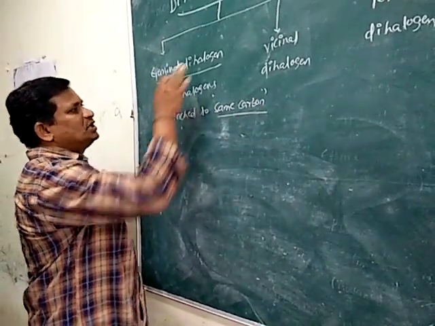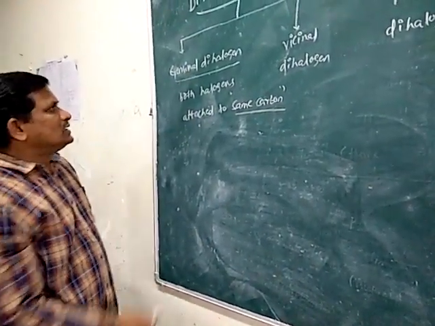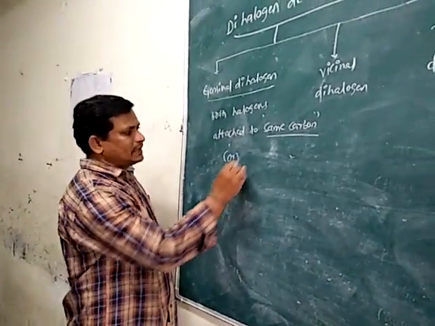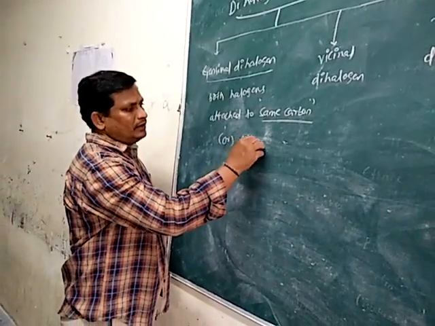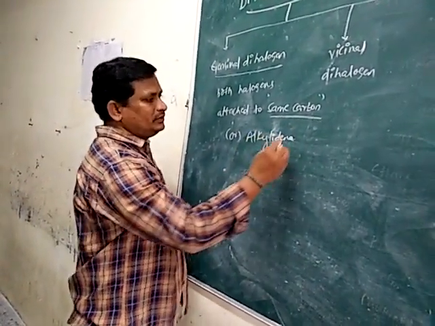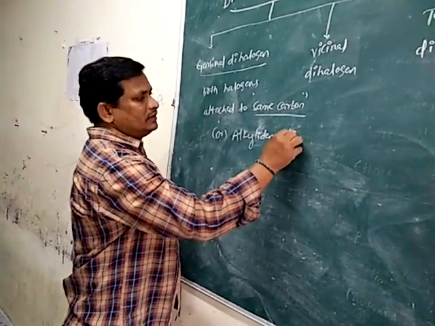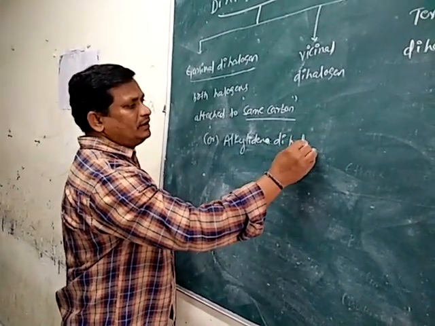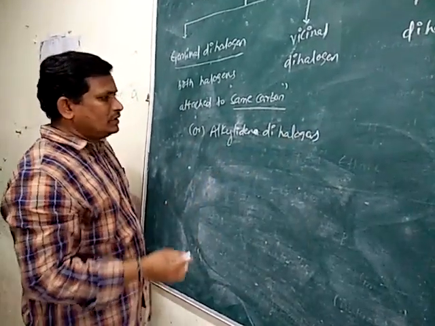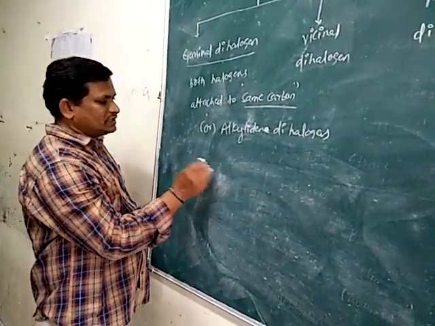Generally, geminal dihalides are also known as alkylidene dihalides, or dihalogens. Okay, so it is explained with one suitable example.